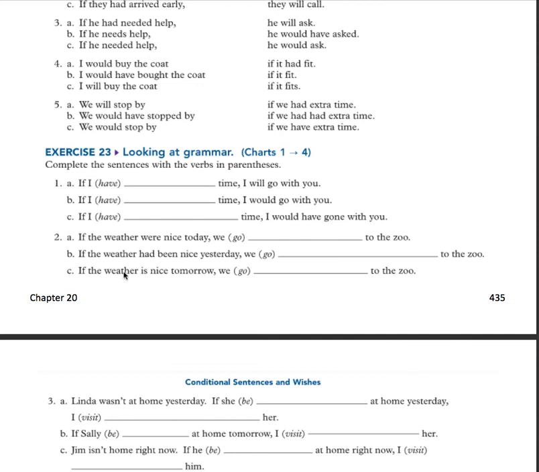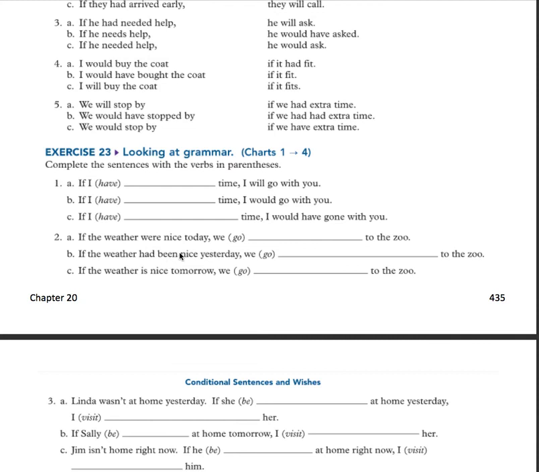Now, look at number 2. If the weather were nice today, here's simple past, we would go to the zoo. Would, and then simple form of the verb, would go to the zoo. If the weather had been nice yesterday, so it's okay, this is past perfect.